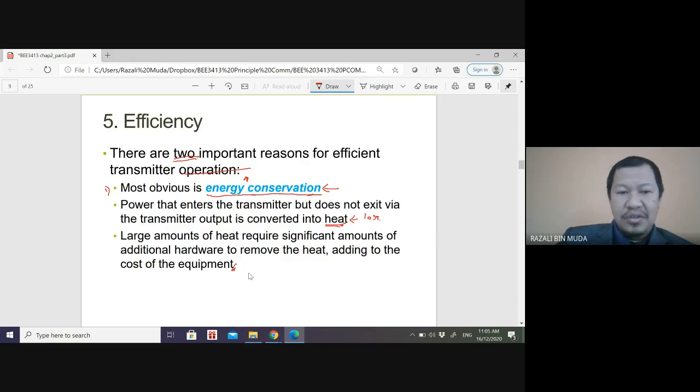Okay, so in order to reduce or minimize the loss in terms of heat, we need to add some equipment in order to reduce or to minimize the heat.